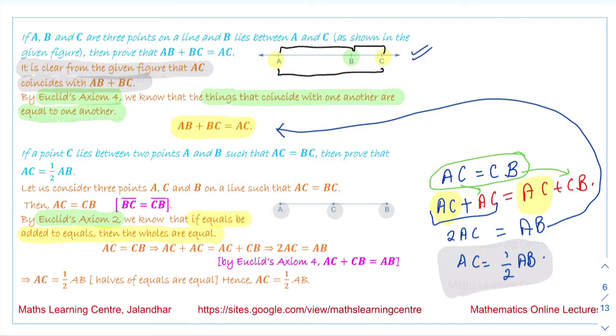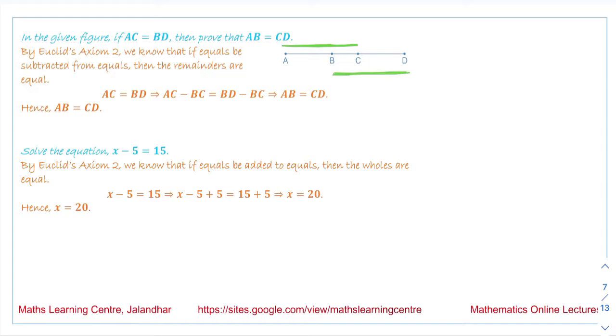Now next, the figure is given to us and it is given that AC is equal to BD, and we have to prove that AB is equal to CD. What we are going to use over here is Euclid's second axiom, which says that if equals be subtracted from equals, then the remainders are equals.